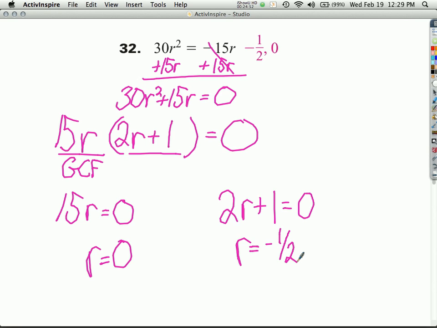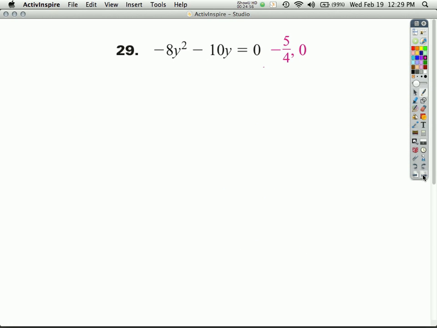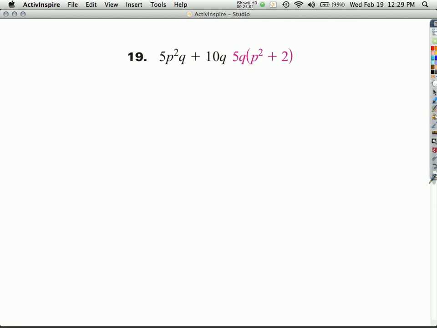Any follow-up questions? Zavari? Number 19? Well, I'm running short on time, so let me take a quick look. Okay, so here's the case where you need to separate everything into its prime factors. So watch, if I did this, does that make it a little bit easier to see?